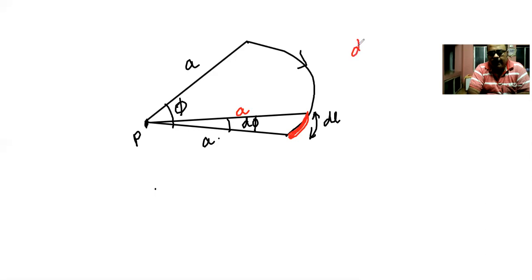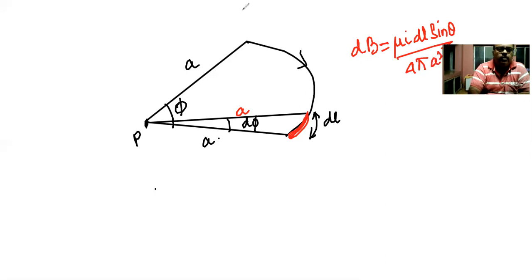So children, apply Biot-Savart law. dB will be equal to mu I dl sine theta divided by 4 pi a square. Again, what will be the value of theta? Theta will again be 90 degrees. Why?